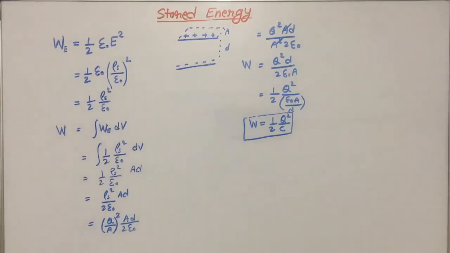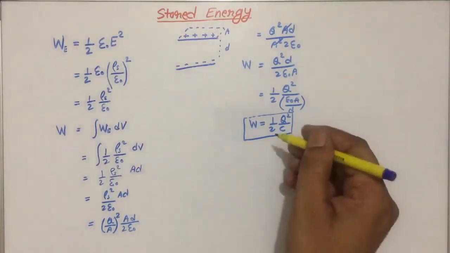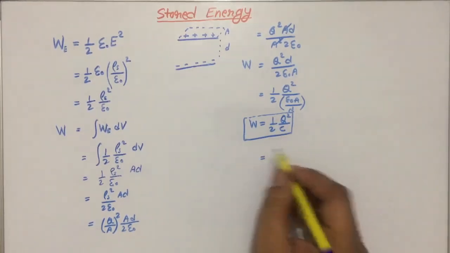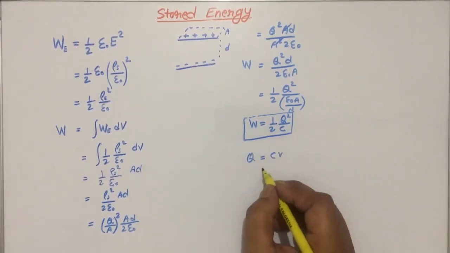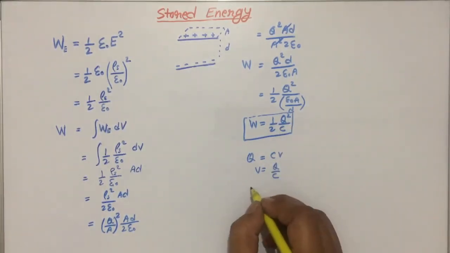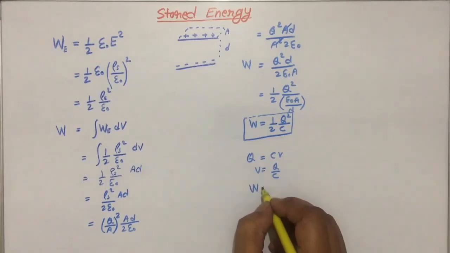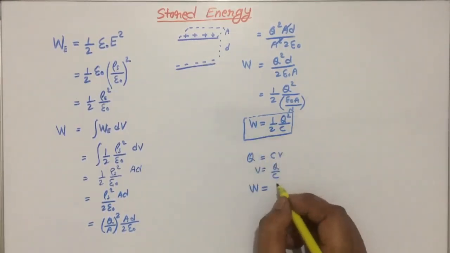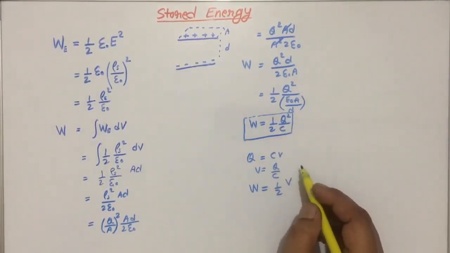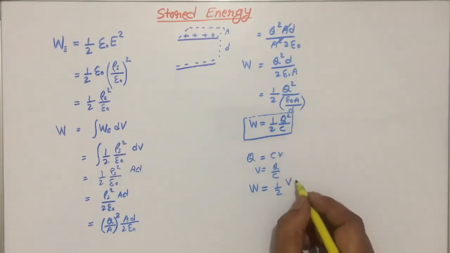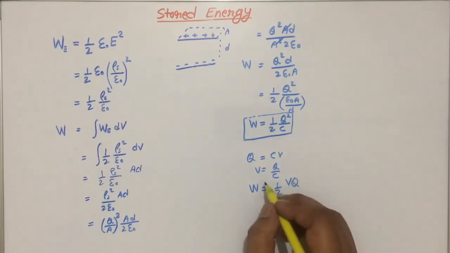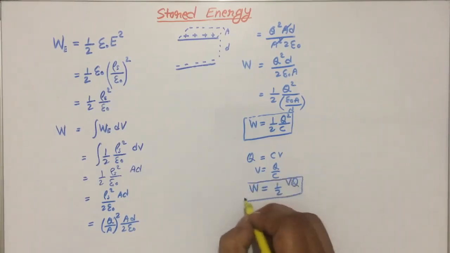If we simplify this further, Q is equal to CV, so V is equal to Q by C. Putting it here, the total energy will be half Q by C, which is V, times Q. So half QV will be the energy stored in the capacitor. This is the second form.